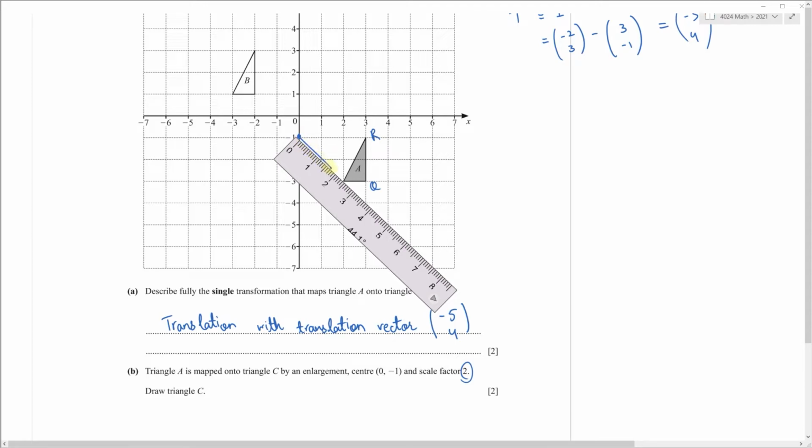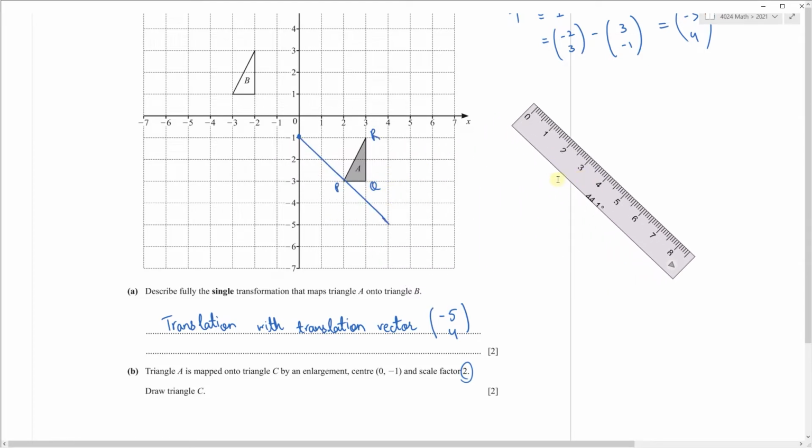This is the line for P, and your P prime will be double the distance. So it was 2 blocks in the X direction, 2 blocks in the Y direction. So I went another 2 blocks in the X, 2 blocks in the Y. So my P prime is this point, which is 4 and minus 5.